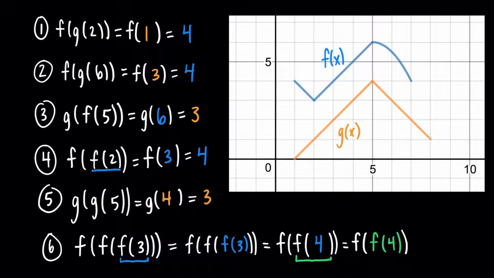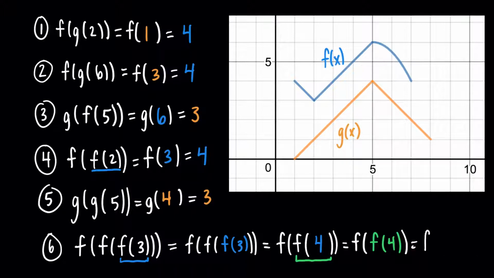Okay, so now we're going to figure out what f of 4 is, and then we're going to plug that number in one more time into the f function. So let's go over to 4 on our input. If we go up, the output is 5 here. So f of 4 is 5.